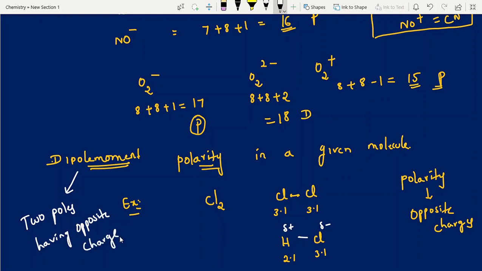Here two opposite charges are there, so definitely polarity is there. How much percentage, we don't know yet; that also we are going to calculate here. Covalent character and ionic character we already discussed in one video, Fajan's rule. If you have any doubts, go through that topic. Okay, and the next one more point.